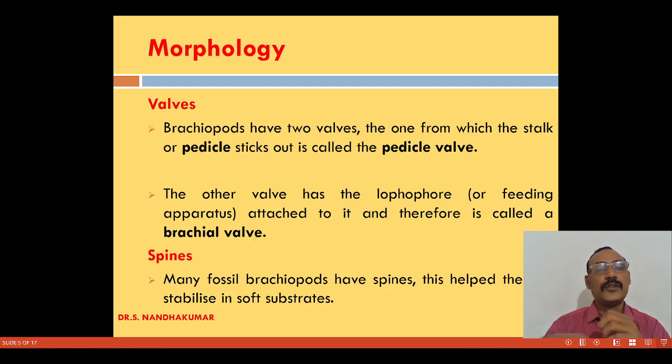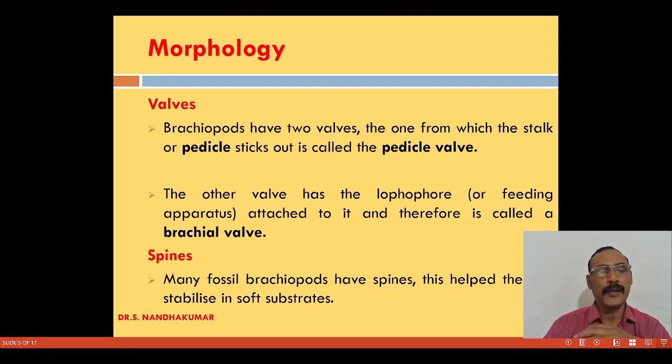Coming to morphology, the brachial valve is very important. There are two valves, the pedicle valve and the brachial valve. The pedicle valve is the one from which the stalk of the pedicle sticks out. The brachial valve is attached to the lophophore.